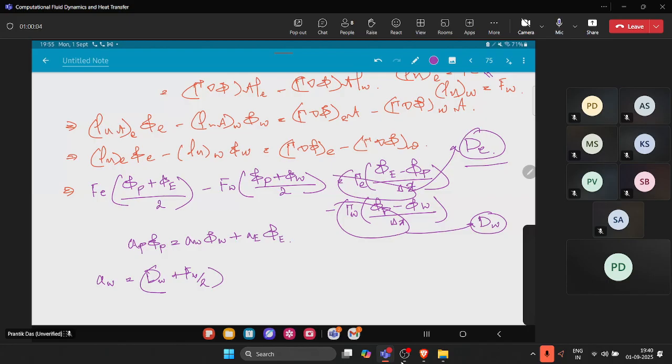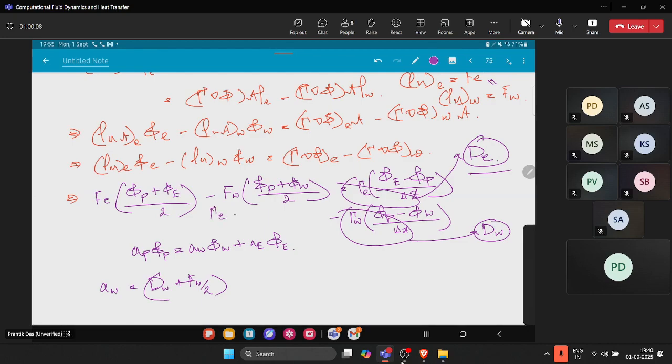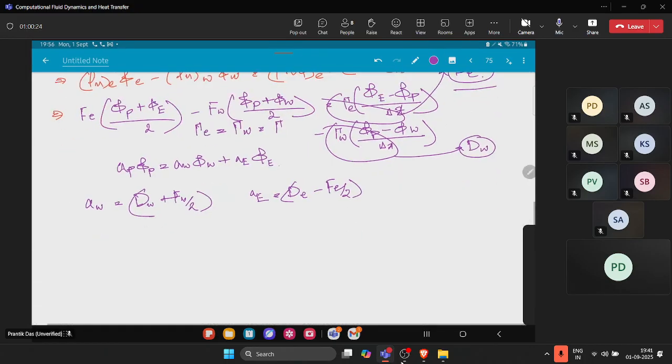But if it's not spatially changing, we can consider gamma E equals gamma W equals gamma, so I don't think that will make a difference. And then AE is basically equal to DE minus FE divided by 2. And then there is AP. So we always know that AP equals AW plus AE plus FE minus FW.